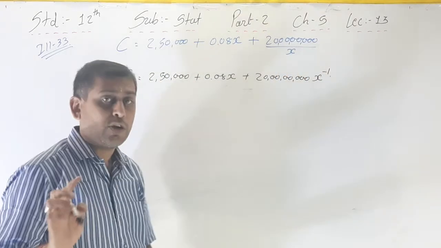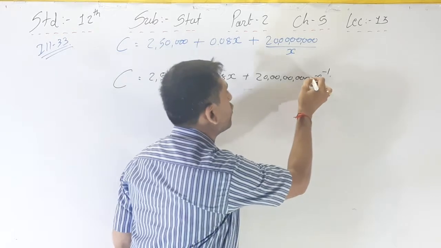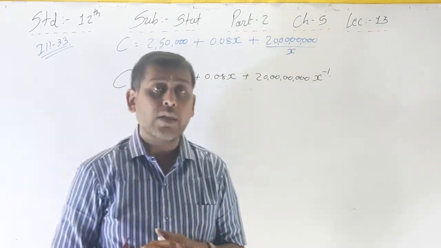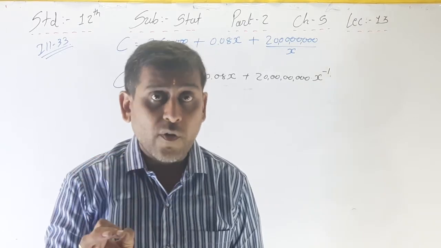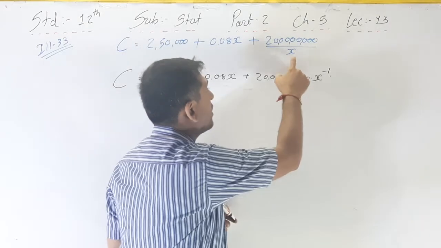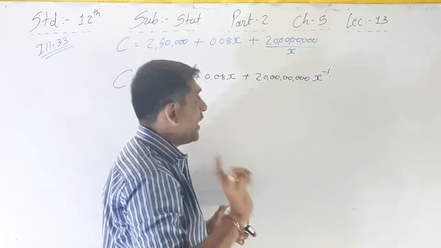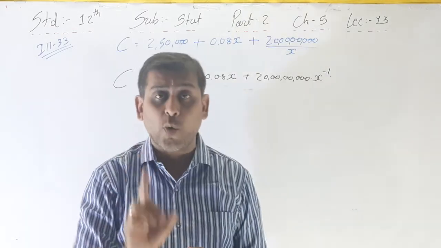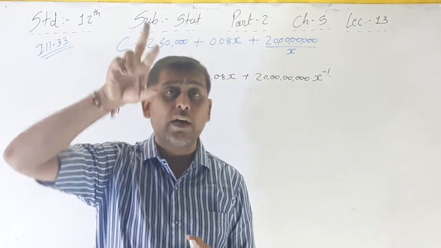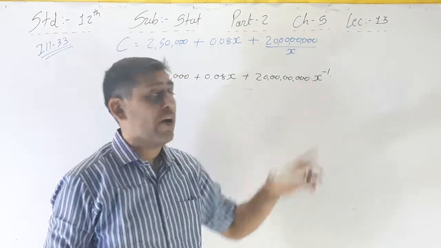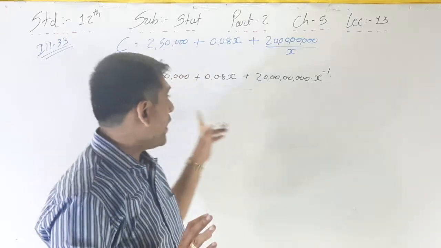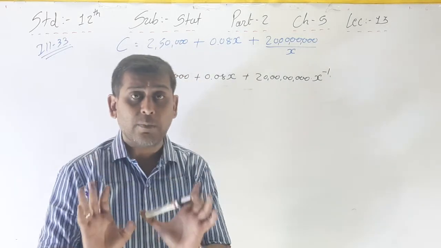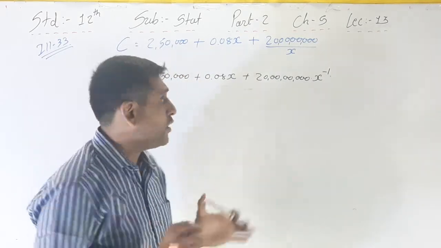Whenever x is in the denominator, we first convert it into the numerator by making its power negative. Here the power is 1 upon x, that means the power of x is 1, so we convert it into the numerator and the power of x becomes minus 1. Okay, this is only the simplification of this function.